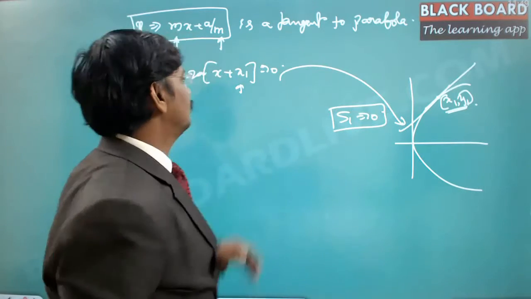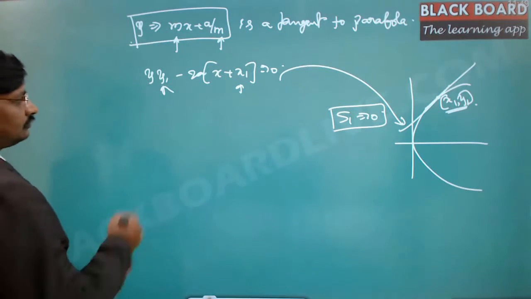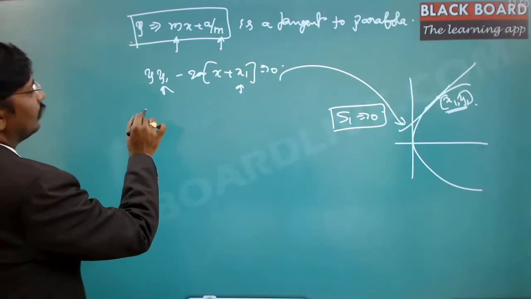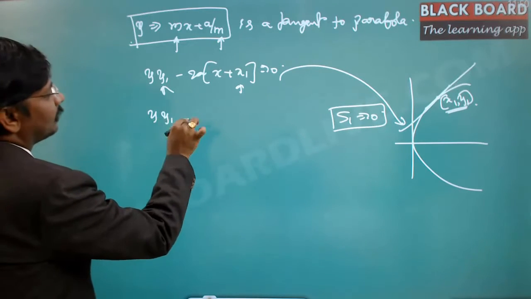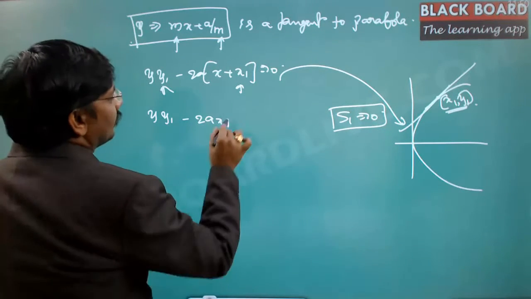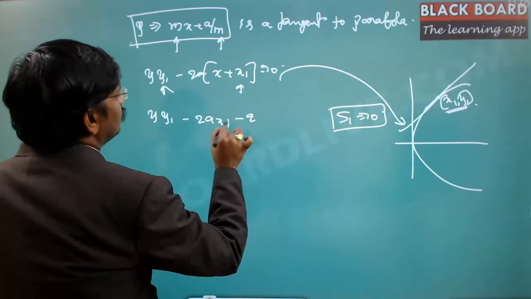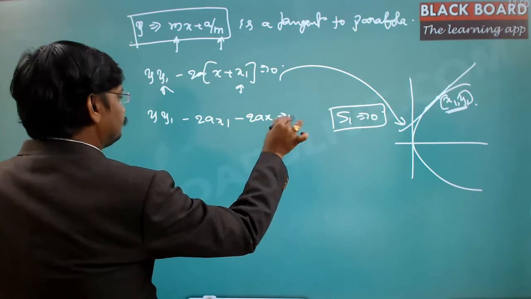Now from this, you can even simplify this as y1 minus 2ax1 minus 2ax equal to 0.